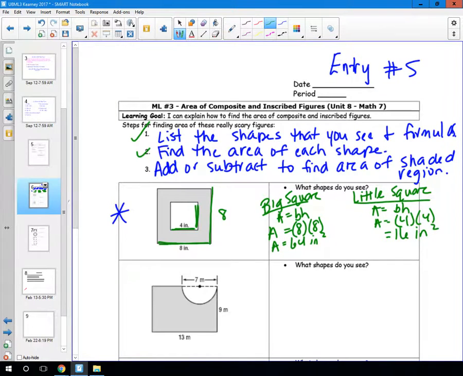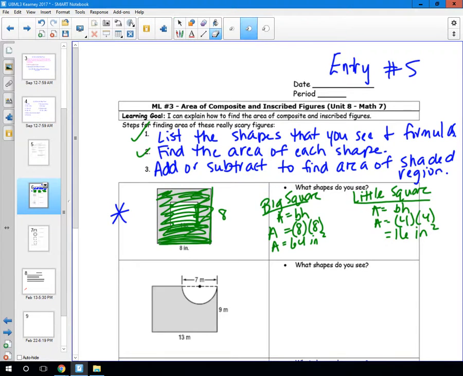And now step 3 says to decide whether I'm going to add them or subtract them. Looking at this shape, have you got 2 shapes that have been added onto each other, or have you got 2 shapes and one has been cut out from the other? For example, if I found the area of this entire thing, it would be 64. But is the entire thing shaded?